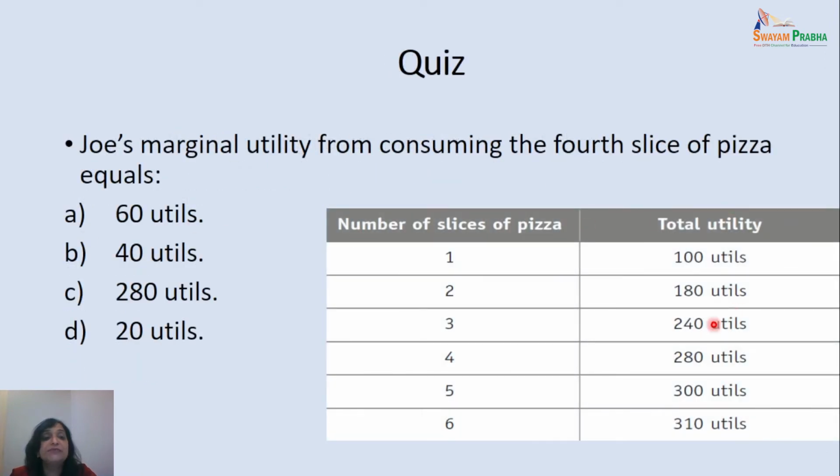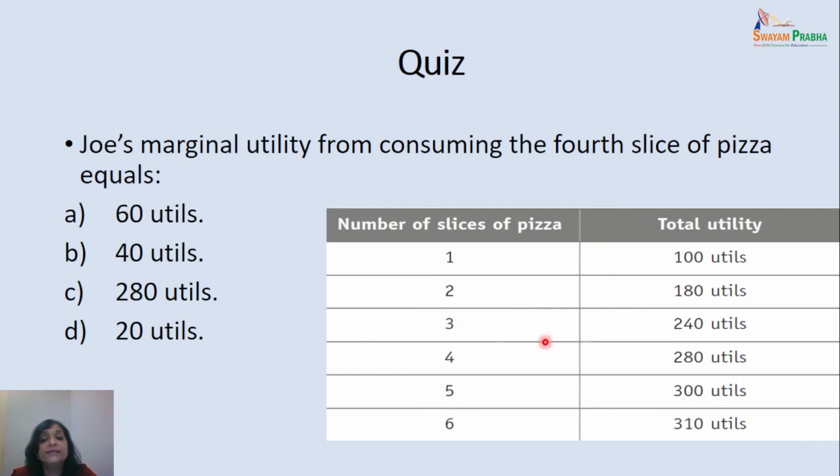Another question. This is given to you. Joe's marginal utility from consuming the 4th slice of pizza will be how much? The number of 6 slices of pizza is given, and for each, total utility is given. That is, if you have 1 slice of pizza, your total utility is 100.